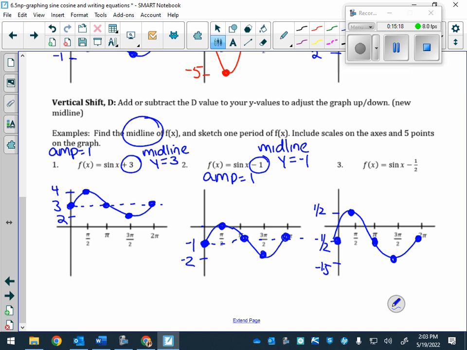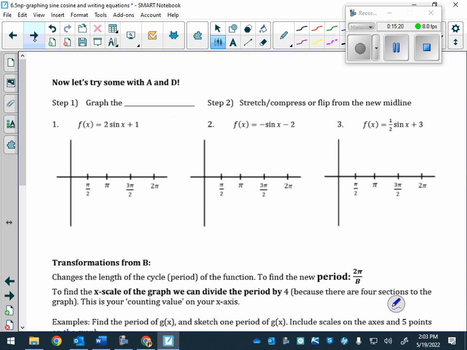The last thing for today is tying both of those two things together, which we kind of already did. You always want to start with your midline first. Looking at number 1, what is our midline? 1. Our midline is 1.